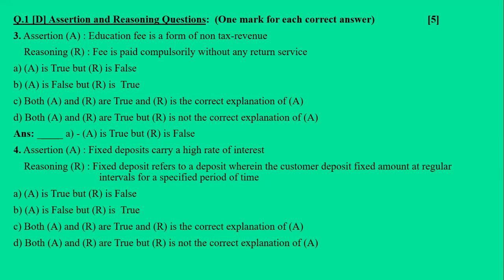B, A is false, but R is true. C, both A and R are true, and R is the correct explanation of A. And D, both A and R are true, but R is not the correct explanation of A. What is the answer here? Answer A, A is true, but R is false.